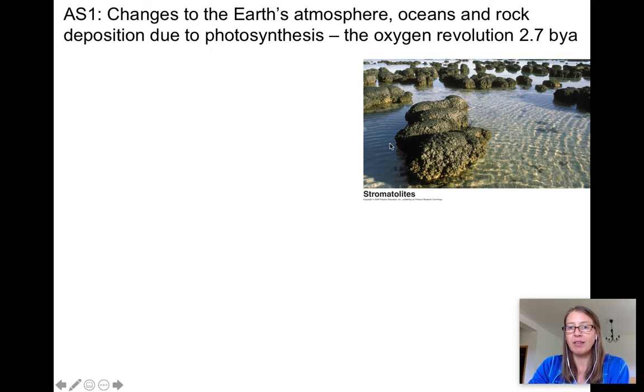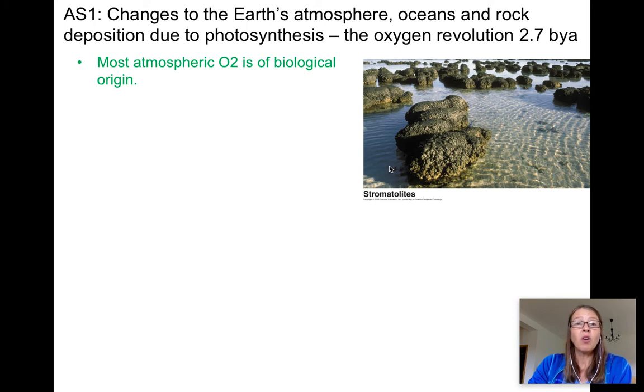And these are stromatolites. We think these are a type of cyanobacteria, a colony of a whole bunch of single-celled photosynthesizing organisms. They started photosynthesizing, which was great because there was plenty of carbon dioxide in the water at the time, just not a lot of oxygen. They could take that carbon dioxide and sunlight and convert it into food. So it turns out that the O2 that we're breathing is actually biological in origin.